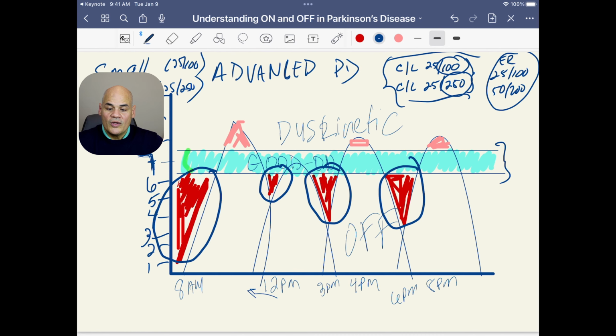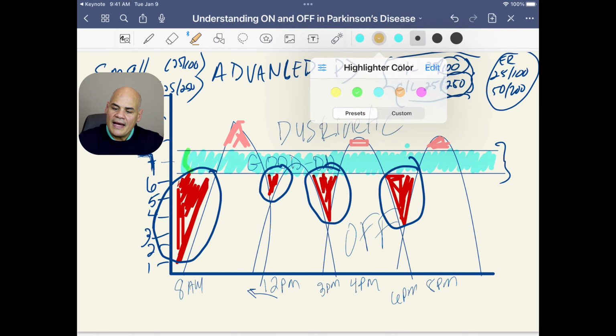So summarizing this again, when you are in the on medication state is when you feel good, and then this dyskinetic state, for many people at this level actually might not be that bad.